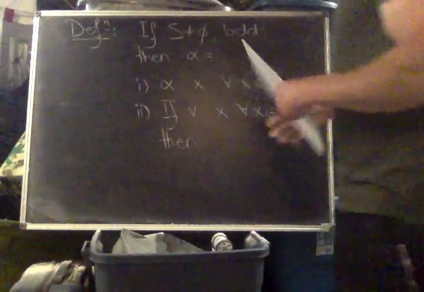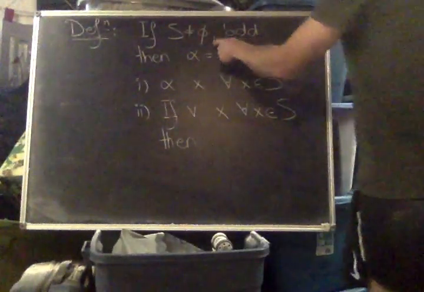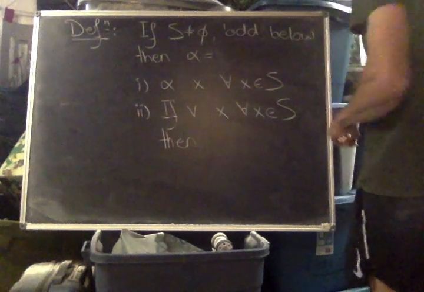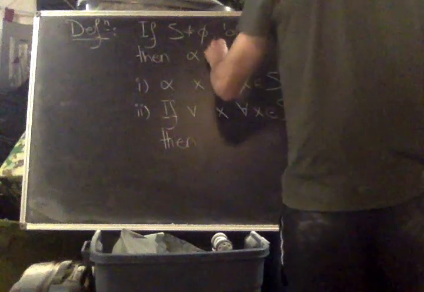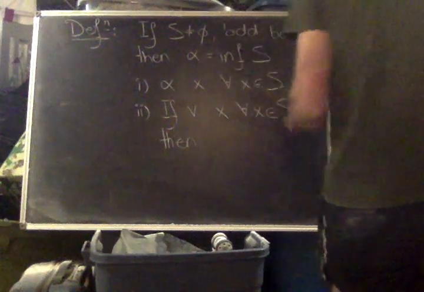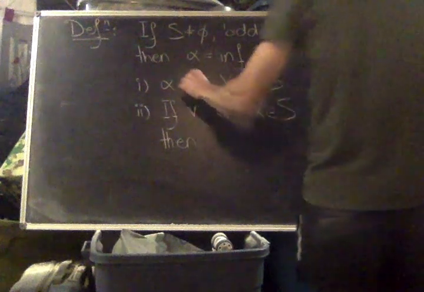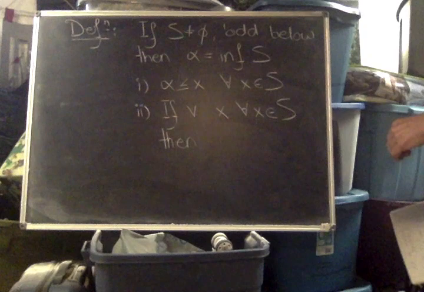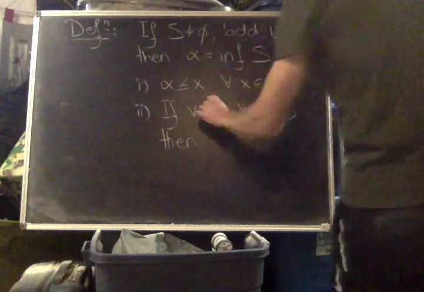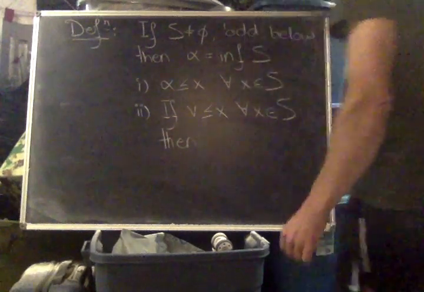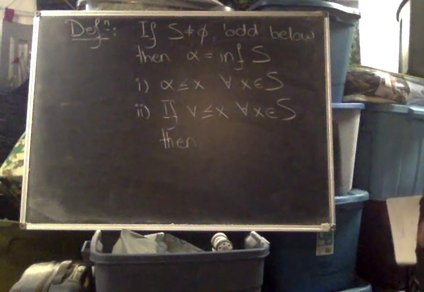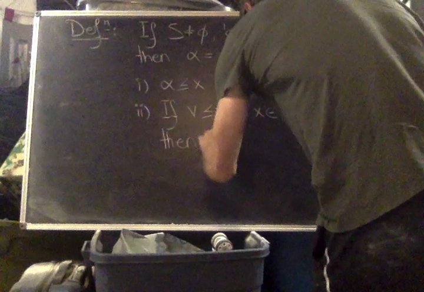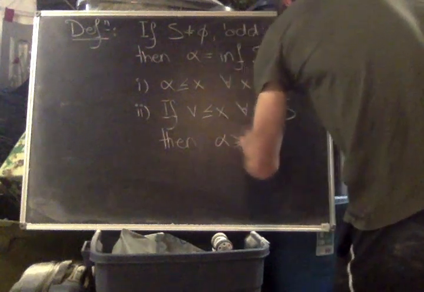Okay, so for the infimum, you want a non-empty set which is bounded below instead. And then alpha will be equal to the infimum of S if alpha is a lower bound, so alpha is less than or equal to x for all x in S. And if v is also a lower bound, that is, v is less than or equal to x for all x in S, then alpha is now greater or equal to v.